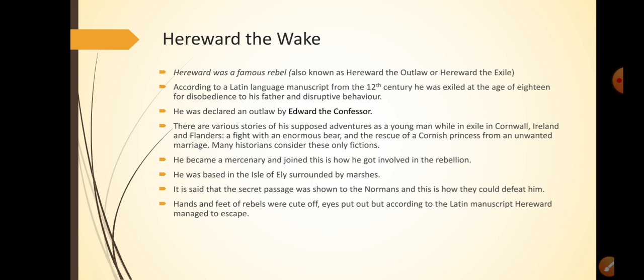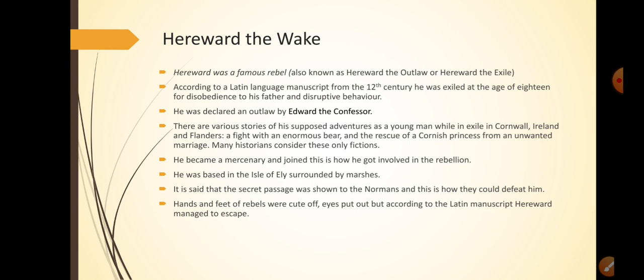And this is how history books talk about him. He was based in the Isle of Ely, surrounded by marshes. Okay, he was a very strong and very courageous fighter. It is said, we don't know if it's true, it is said that there was a secret passage to this island through the marshes, and this was shown to the Norman soldiers by a traitor.